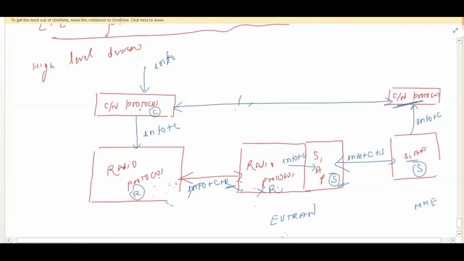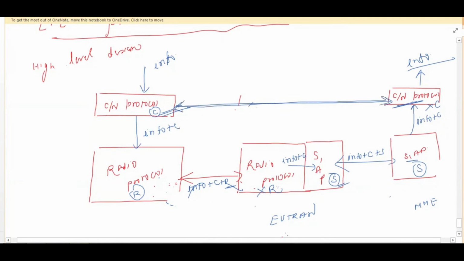Because the core network protocol sender transmitted C, and in the MME we have the same protocol, so it understands C. You decode C, and whatever is left, say info. So I'm showing this path, where the MME core network protocol receives C.